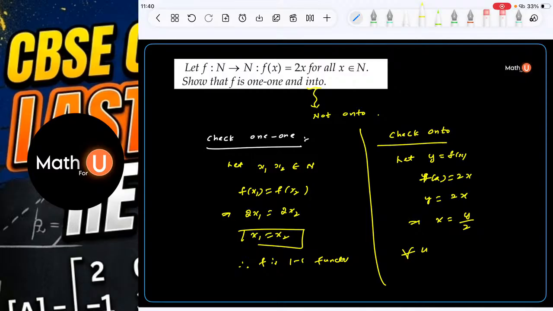For all y belonging to natural numbers, there does not exist x such that x equal to y by 2 belongs to natural numbers. Because, for example, if you consider y equal to 3, then x equal to 3 by 2, which does not belong to natural numbers.